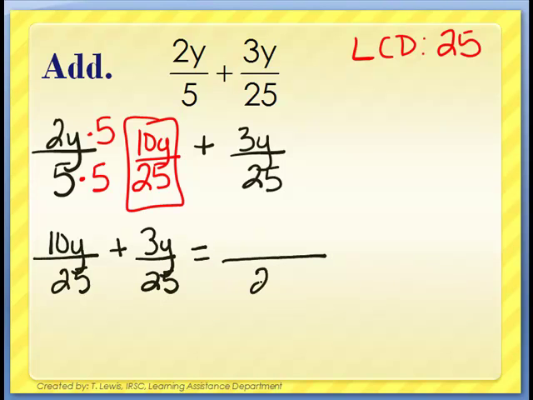Common denominator is 25. Bring together your numerators. 10y plus 3y. Add. And before we add, just remember that 10y and 3y are like terms.